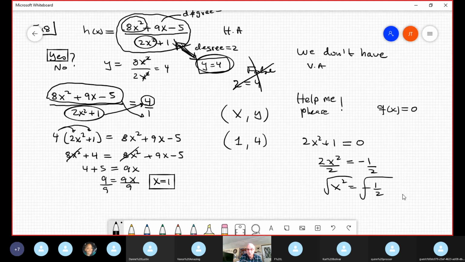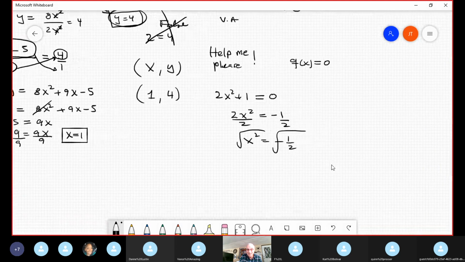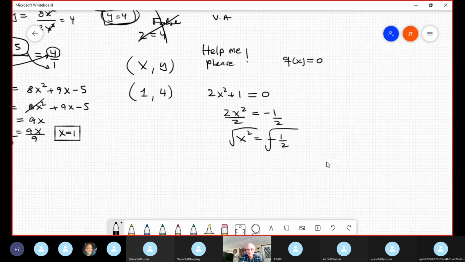You don't need to finish, because immediately you realize that it's imaginary. Remember, when you try to find something in algebra and in the middle of the process you discover it is complex or imaginary, it does not exist in the real field. That is the reason that we have no vertical asymptote.